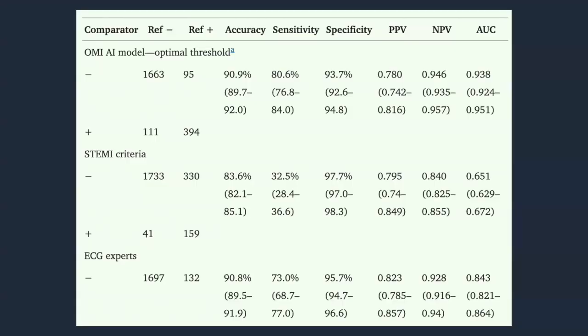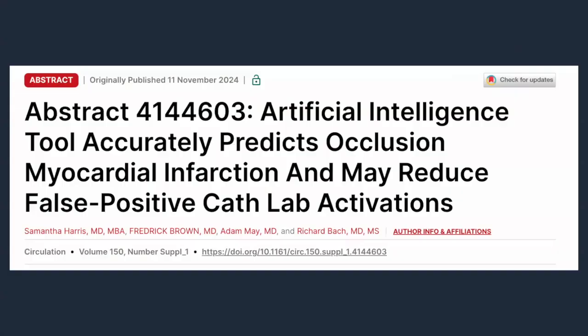It was tested on 3,000 EKGs with correlating cath results and either medical treatment or the cath finding the occlusive myocardial infarction.